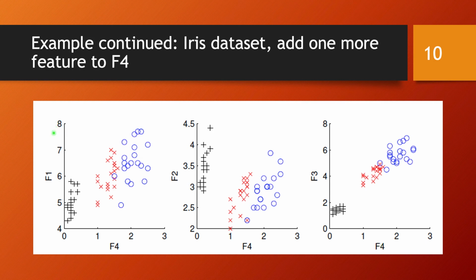So in each one of these cases, again, I'm projecting our 4-dimensional data set onto these 2 dimensions, and I have the same representation as before, the 3 classes with pluses and X's and circles. And again, the fact that sometimes they fall into the same place only means that there are 2 samples coming from 2 different classes that, onto these 2 different dimensions, happen to fall in the same place.